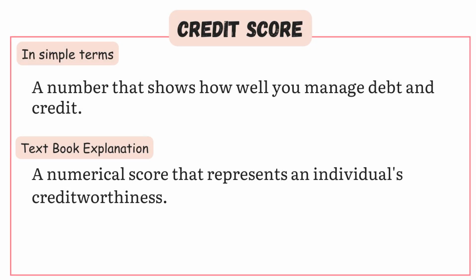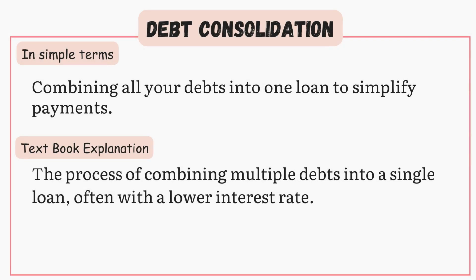Credit score. In simple terms, it is a number that shows how well you manage debt and credit. As per textbook definition, credit score is a numerical score that represents an individual's creditworthiness. Debt consolidation. In simple terms, it is combining all your debts into one loan to simplify payments.